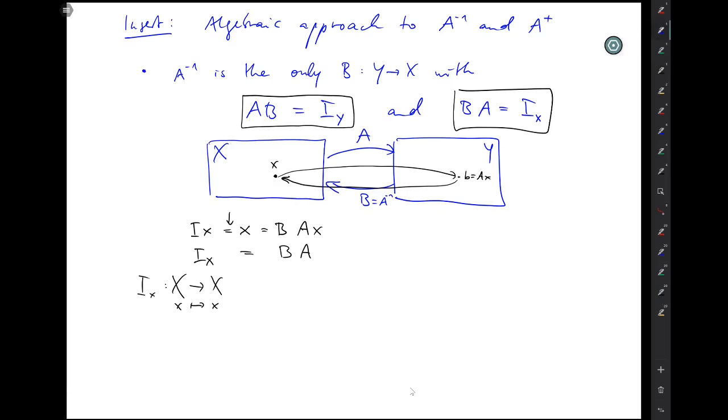But now here's maybe the surprise. One can define the Moore-Penrose pseudo-inverse in pretty much the same style.